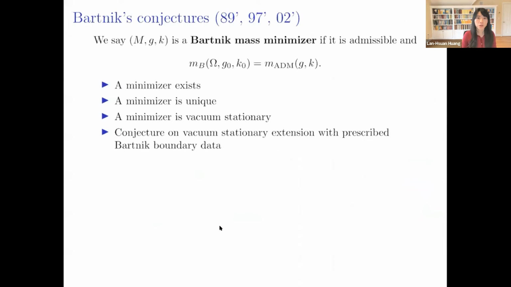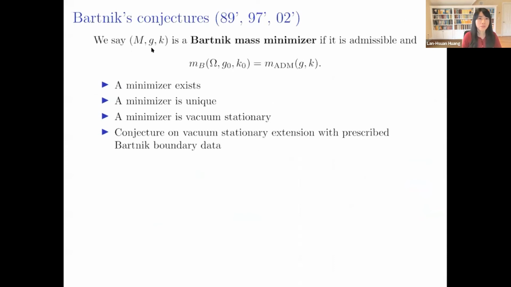Then some natural questions come up, right? In terms of computing, to estimate the Bartnik mass you just need one extension. But to really know the Bartnik mass, you want to know whether there's an extension which realizes the infimum.